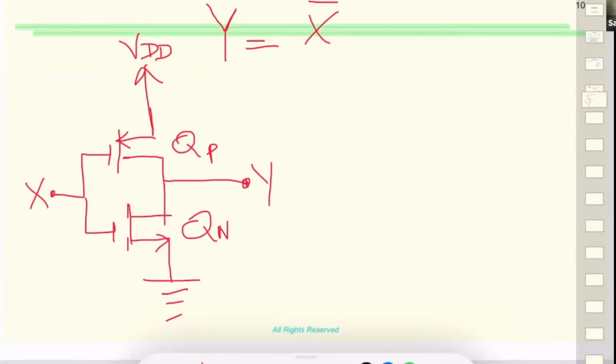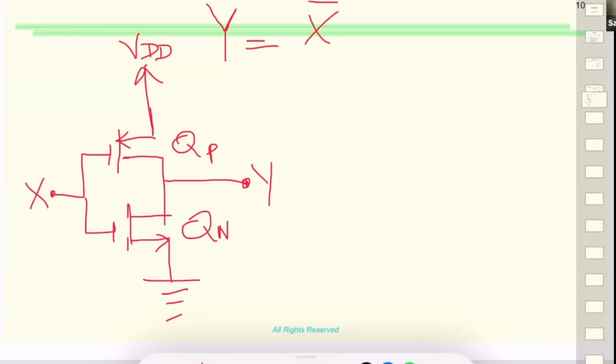They both have their own operations, and both gates are connected to the input. Now, if you think about input as 1 or input as 0, we'll see what would happen.